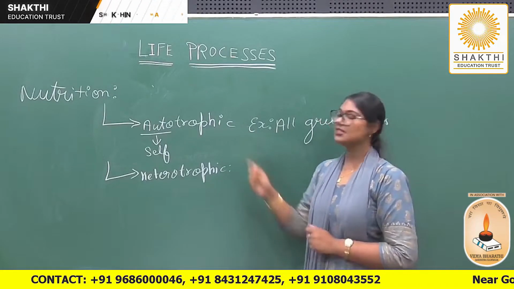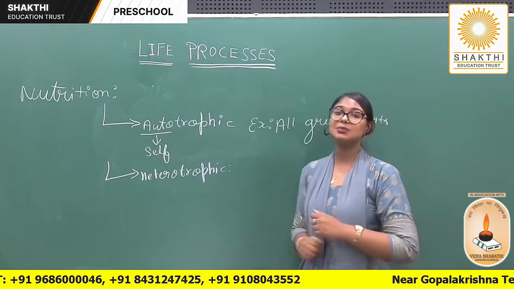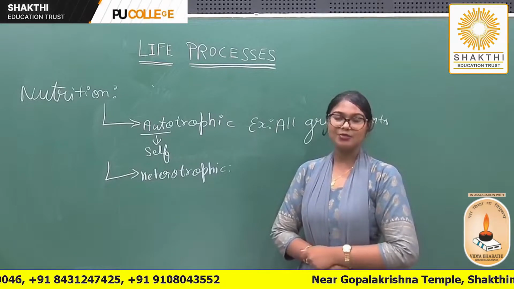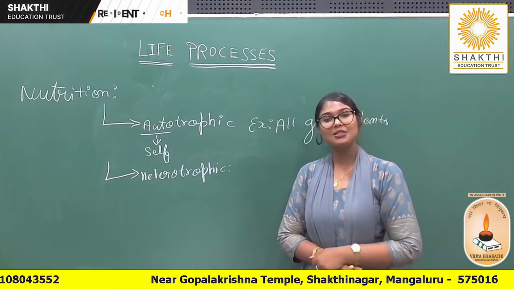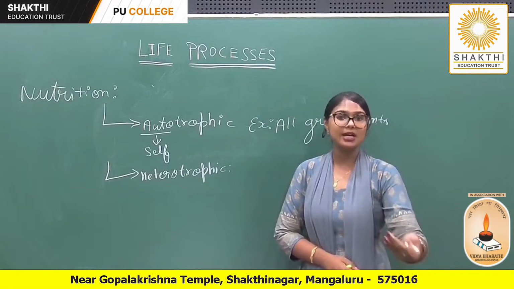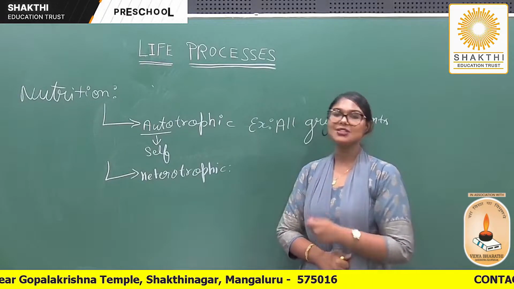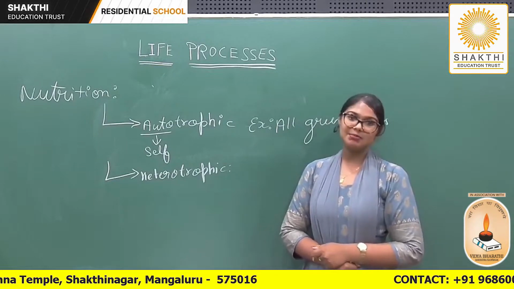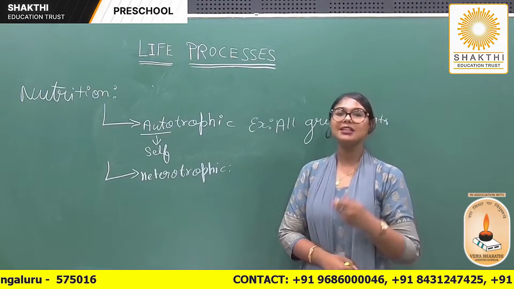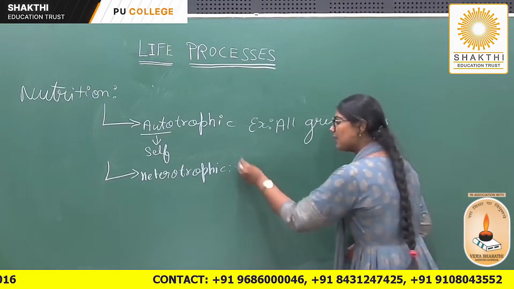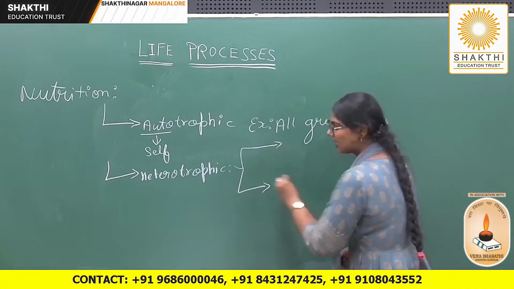Here the organism does not prepare its own food, it depends upon other organisms for food. Example, we human beings depend on other animals, we depend on plants for food. Other examples are other animals and other categories called saprophytic and parasitic.